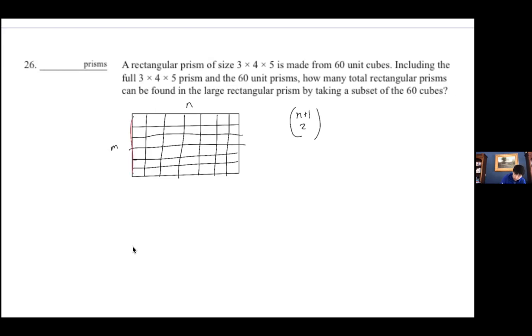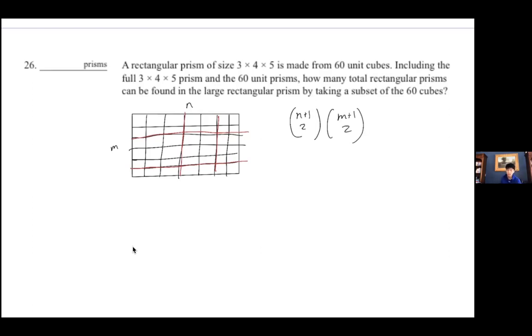There's n plus 1 of them. You choose a pair of them, like these two, and then you choose a pair of the rows, or dividing lines, and this uniquely determines one rectangle. So there's a total of n plus 1 choose 2 times m plus 1 choose 2 different rectangles.